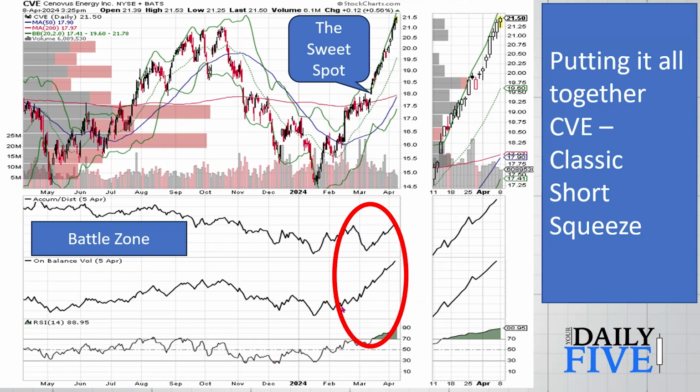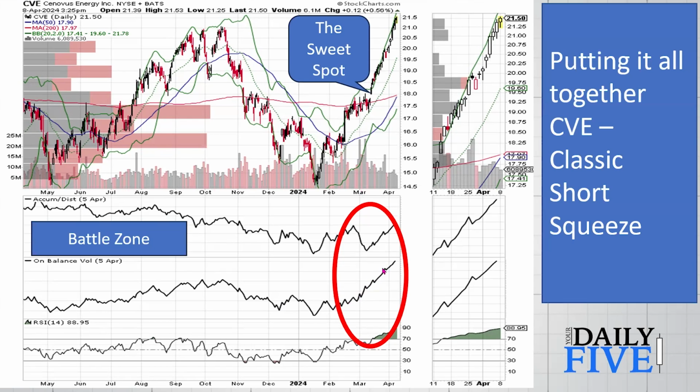But the on balance volume indicator kept going up. So what that tells us is that the short sellers and the real buyers are now having a significant battle in this battle zone here. And it tells us that the opportunity for a short squeeze is developing.